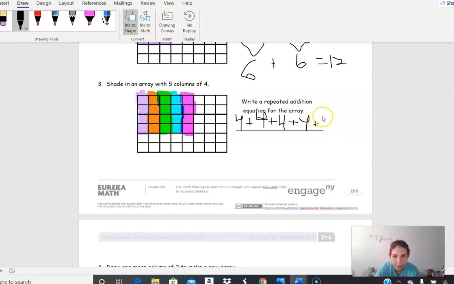We have 5 columns. So we need 5 4s. Whew. Equals, okay? Now, we've got 4 plus 4 equals 8, our doubles fact.